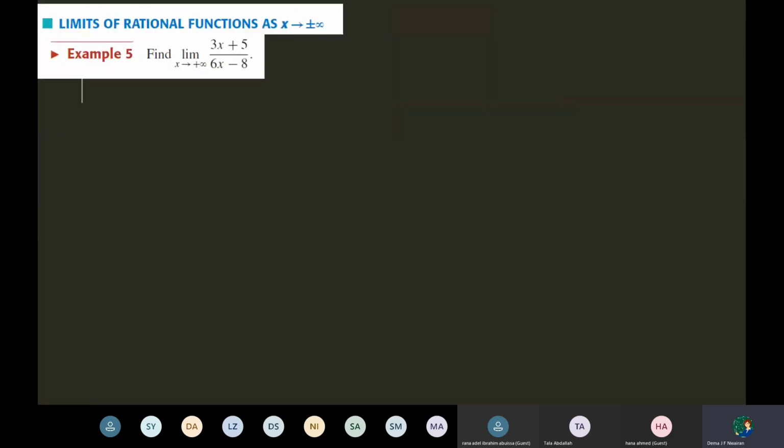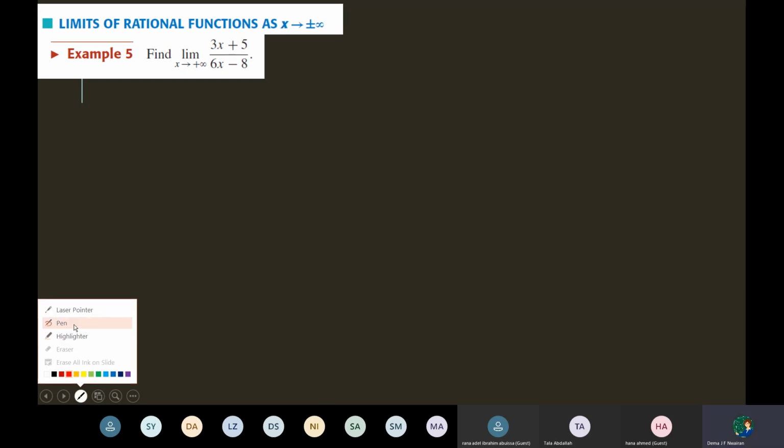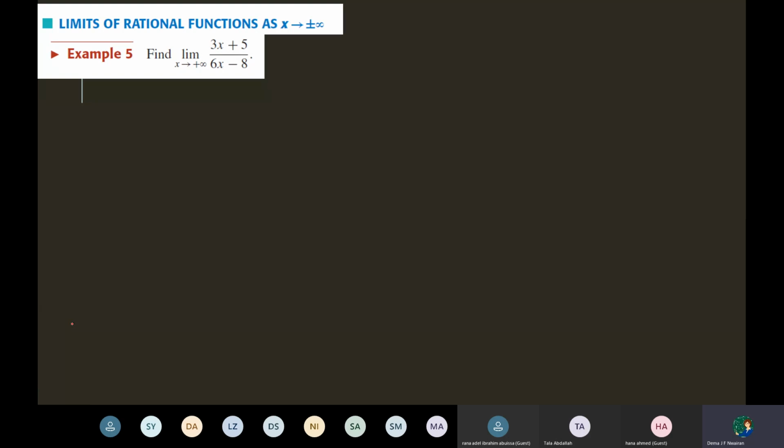Today we are talking about how we can solve the limits of rational functions as x approaches positive or negative infinity. Yesterday we said that we have a long way and a short way to help me find the limits of rational functions.